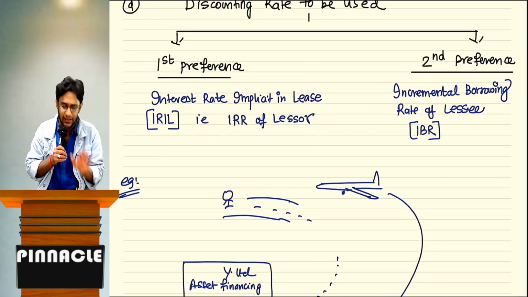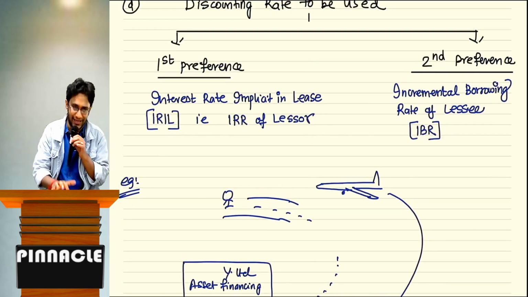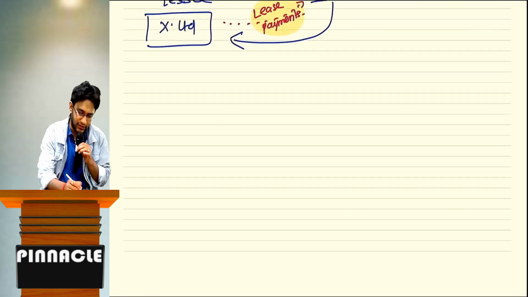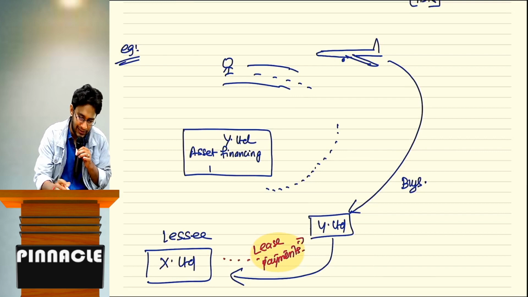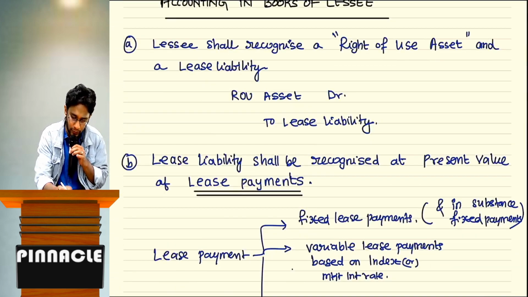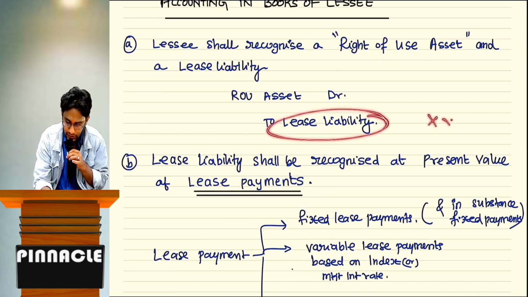The formal definition of the interest rate implicit in the lease we will see later on, sir, when we do accounting from the lessor's perspective. With this, what we finished is, in the lessee's books, the first entry, the lease liability portion, and at what amount you should record it. We decided this just now.